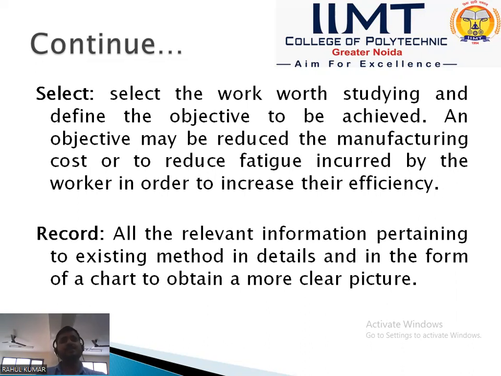The second step is record. We record all the relevant information pertaining to the existing method in detail and in the form of charts to obtain a clearer vision. After selecting the work, we record all the information to get a clearer picture of the work.